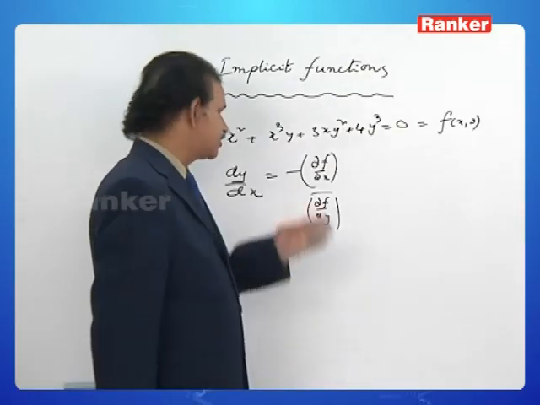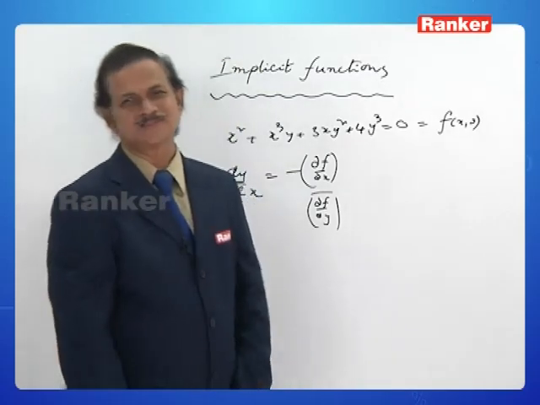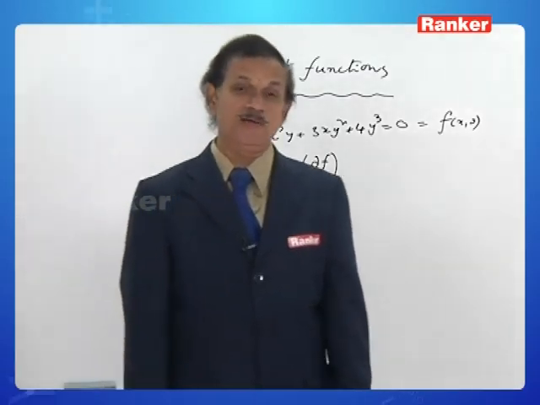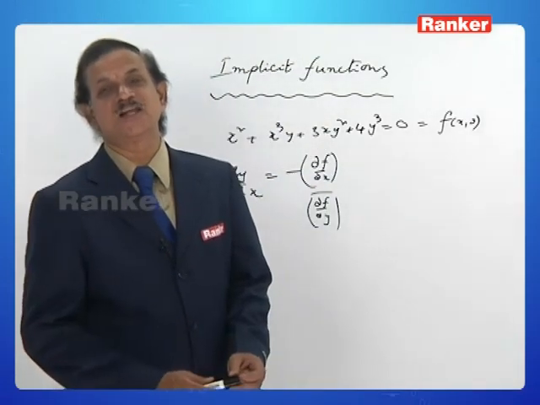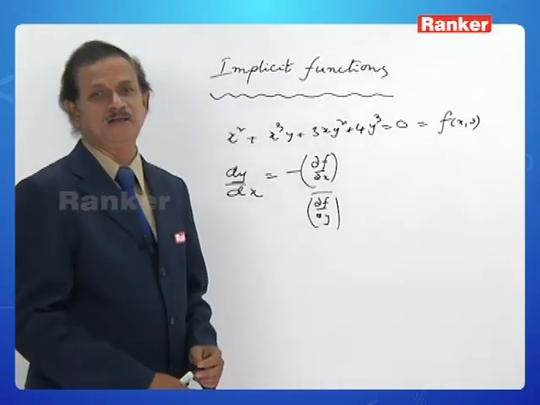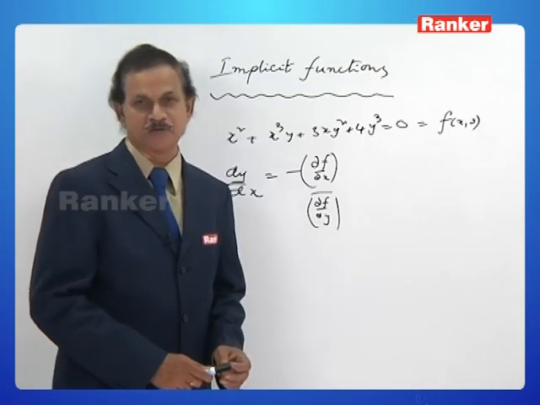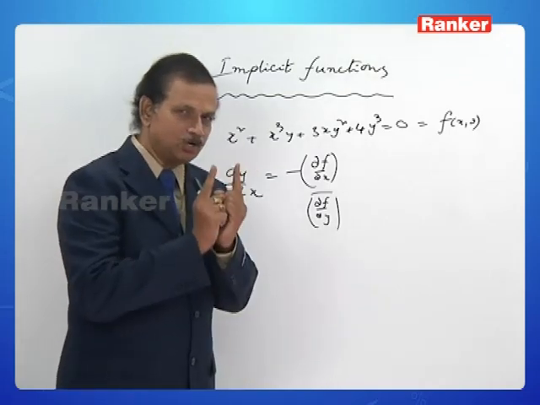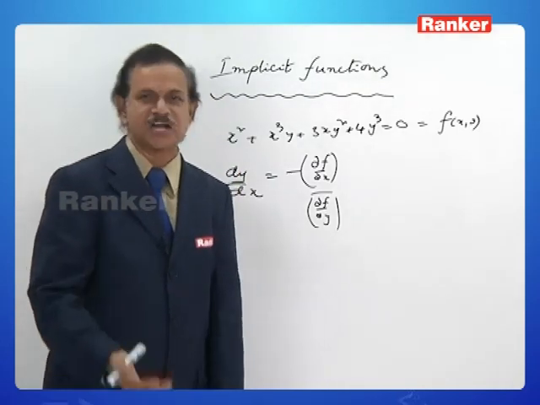Let us get acquainted with this symbolism. What is meant by dou f by dou x? What is meant by dou f by dou y? They are nothing but the partial derivatives. When you observe more than one variable in a particular function, keeping one variable only in our mind and keeping all the other things as constants, you differentiate.